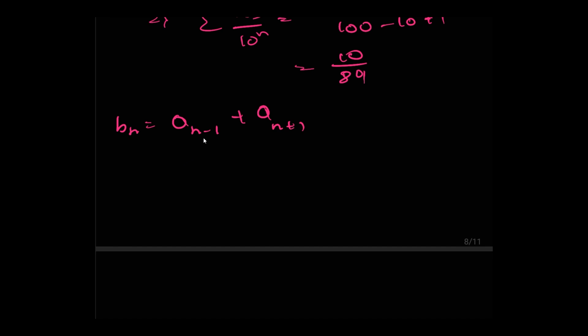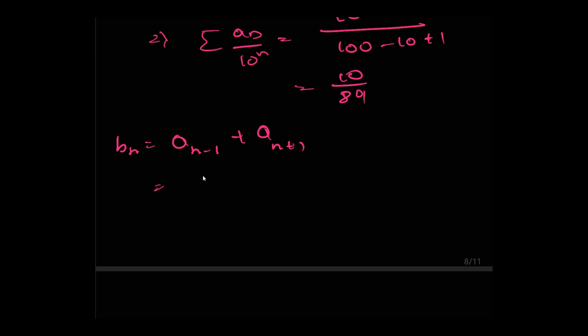But we know that this can be written as (alpha power n minus 1 minus beta power n minus 1 plus alpha power n plus 1 minus beta power n plus 1) by (alpha minus beta).